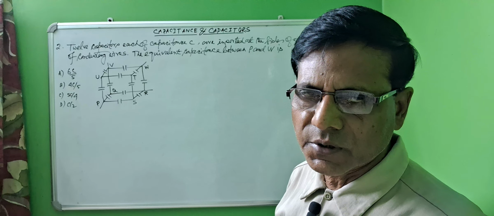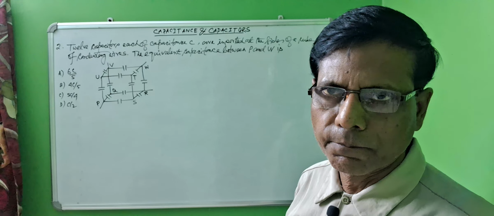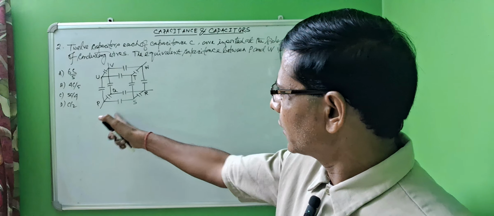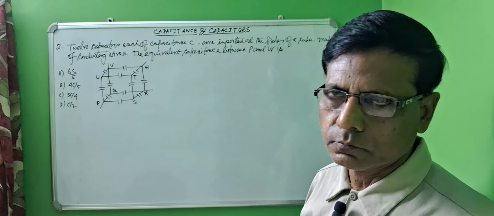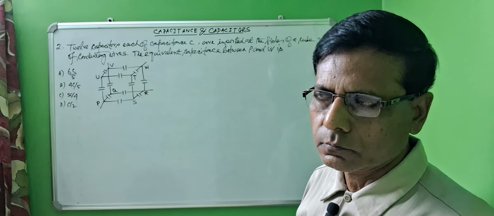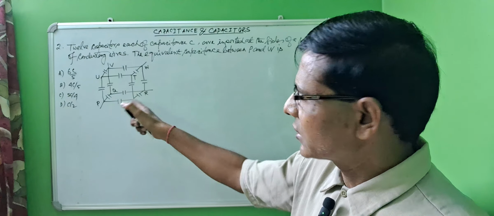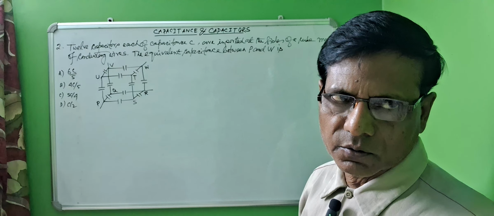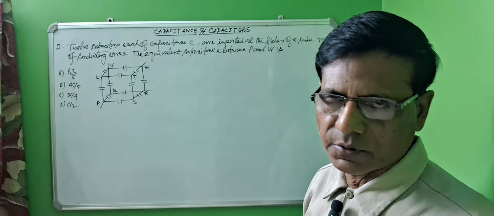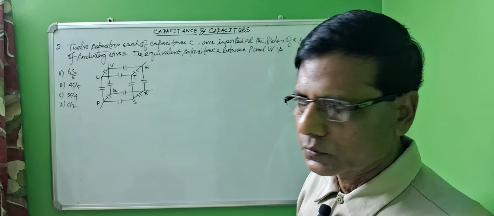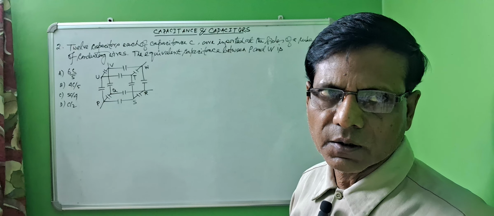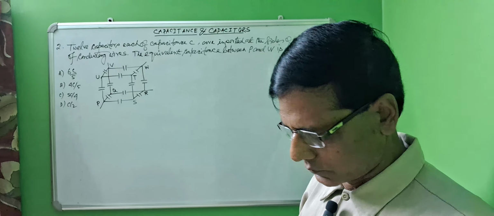The equivalent capacitance is to be found out in between P and W. Each capacitor is of capacitance C given. Four answers are given. We have to find the correct answer.